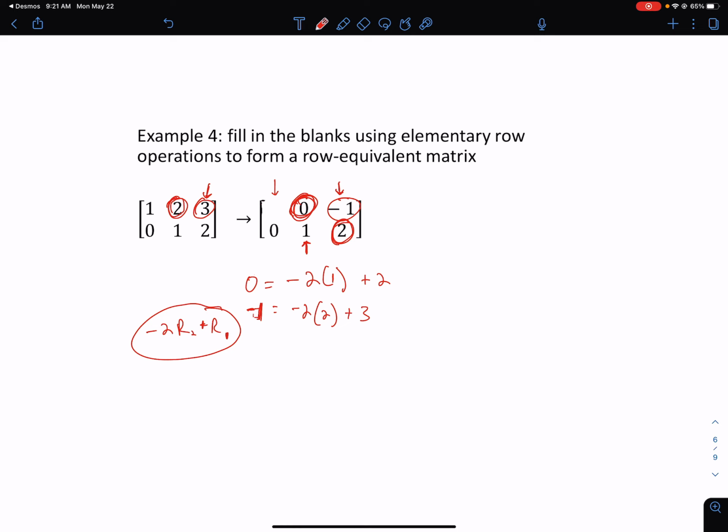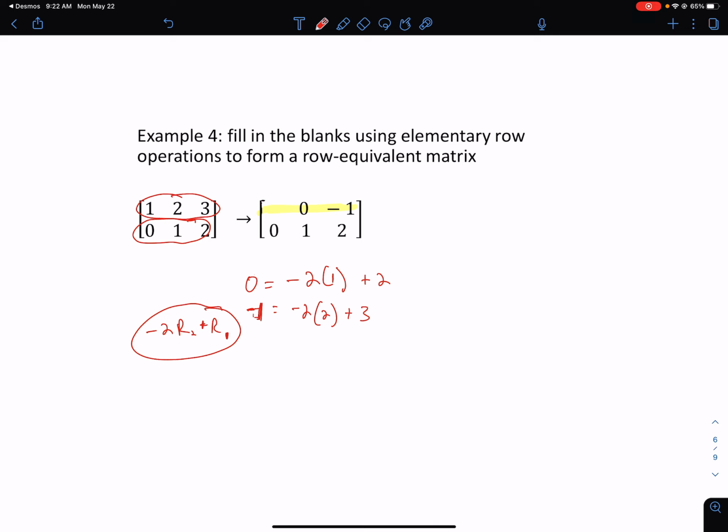I know this one's kind of hard to see, and I don't know that you'd be able to figure it out the first time you look at one. This was a pretty complicated one. Once you become better at row operations, you'll probably recognize that quickly. So the way we came up with our new row 1 is we took the old row 2, multiplied it by -2, and added it to the old row 1.